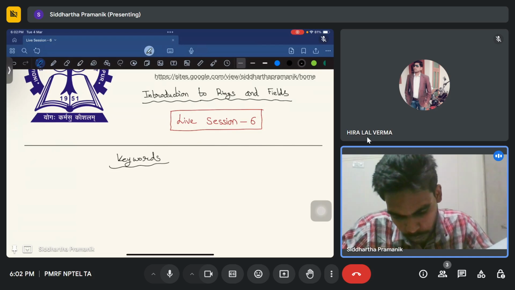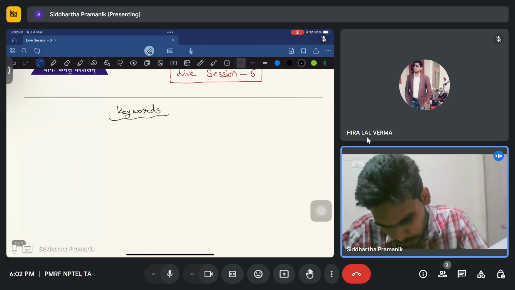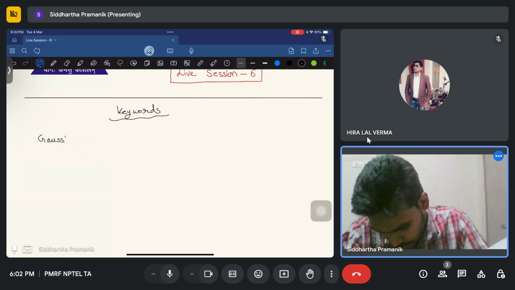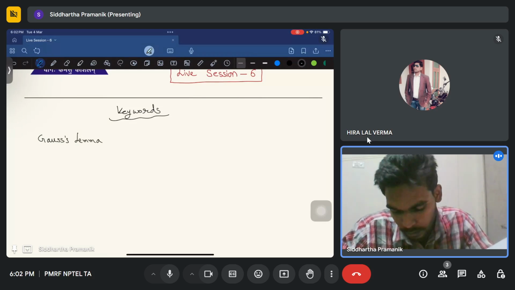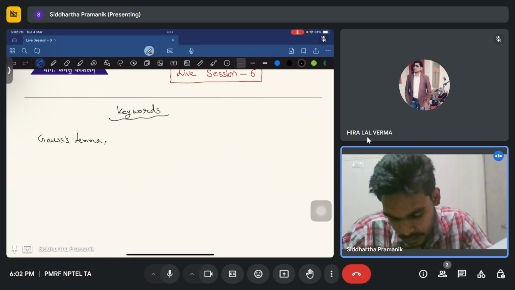So in week 6, we started with the Gauss lemma, and using this lemma, we have proved that the polynomial ring Z[X] is a UFD, right?